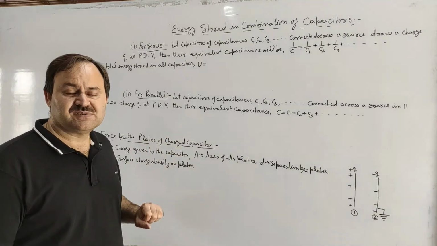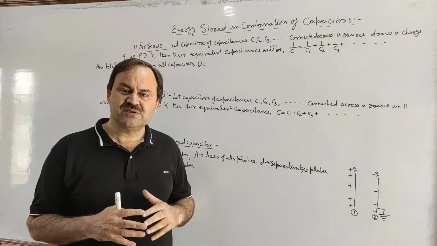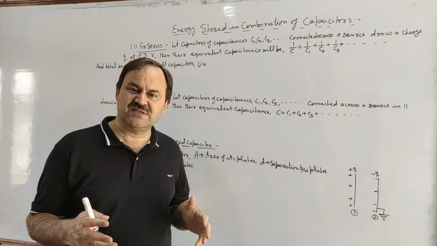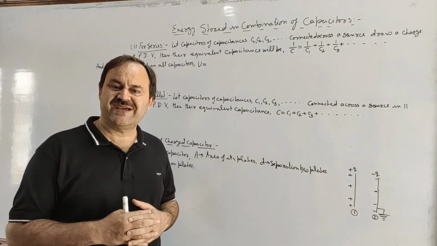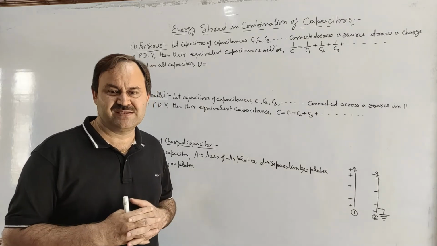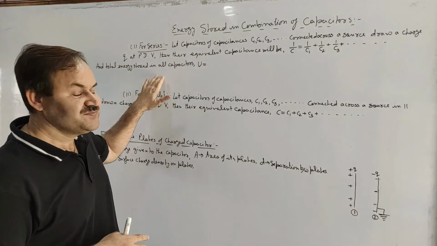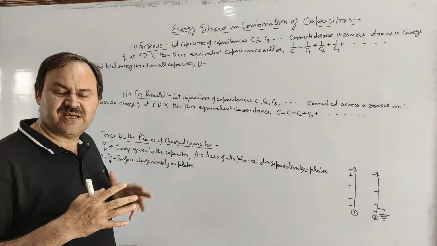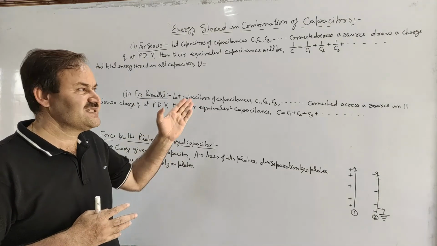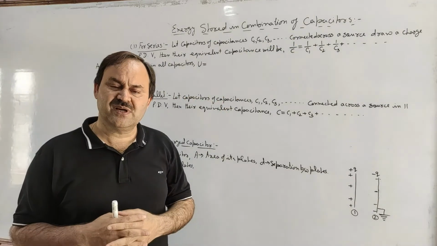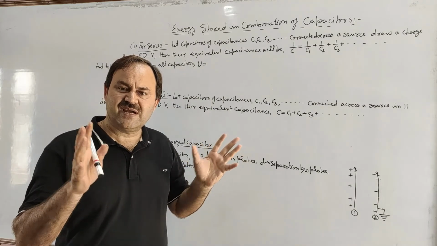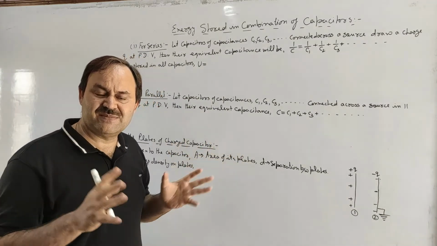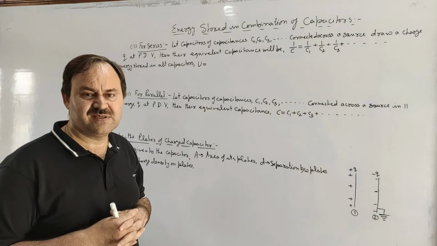Now we will prove that energy stored in the combination of capacitors is equal to the energy stored in their equivalent capacitor. Say we are taking a number of capacitors of capacitances C1, C2, C3 and so on, connected in series across a source establishing a potential difference V across them.